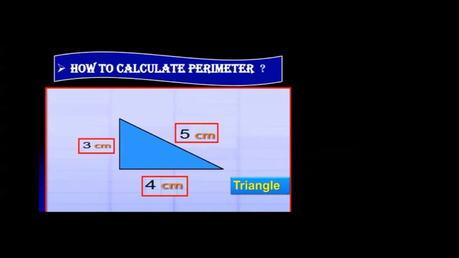While finding out the perimeter, what do we have to do? We have to add all the sides of the given figure. Here the figure is a triangle.